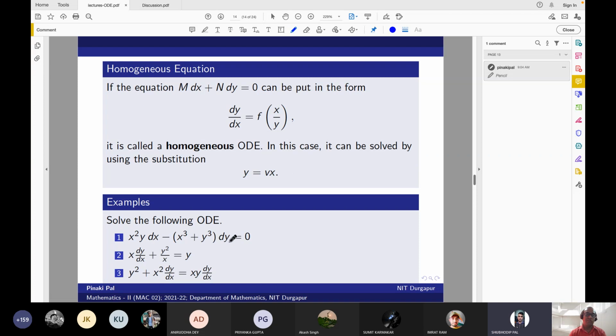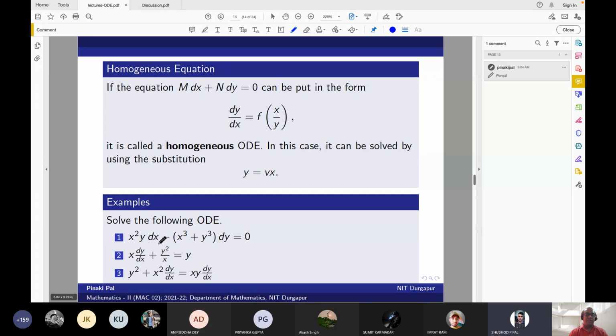You can look at the first equation, x squared y dx minus (x cubed plus y cubed) dy. We can easily check if the terms are polynomial in nature. We can easily look at the total degree of the variables, and if the degrees of the variables are equal, then we can easily determine that this is a homogeneous equation.